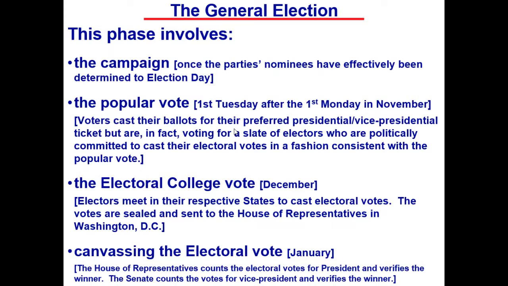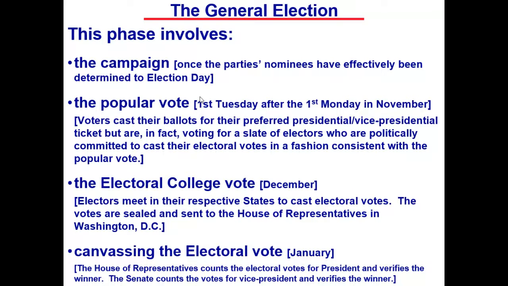At any rate, they all go into the voting booths across the vast country, holding elections in the polling places, and they cast their ballots for their preferred presidential, vice presidential ticket.